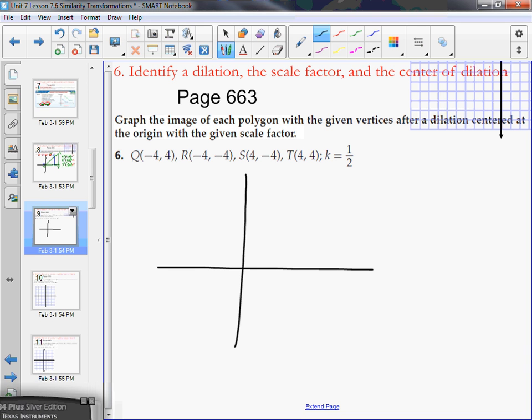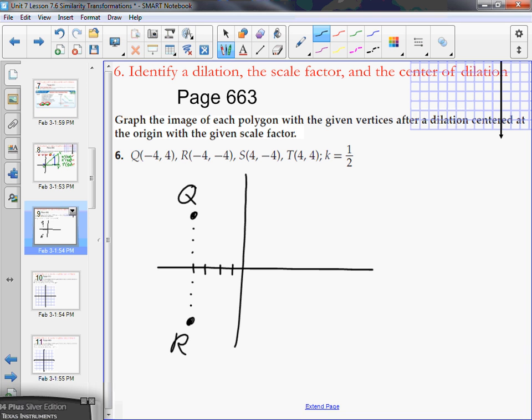You are trying to make your figures look too good, some of you. So there's my xy plane. Q is negative 4, 4. So 1, 2, 3, 4 to the left, 1, 2, 3, 4 up. That's where Q goes. R is negative 4, negative 4. So 4 from the origin, 4 to the left, 1, 2, 3, 4 down this time.